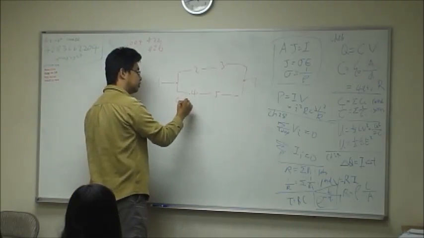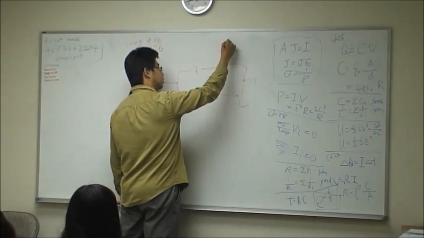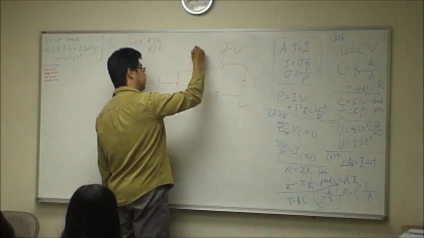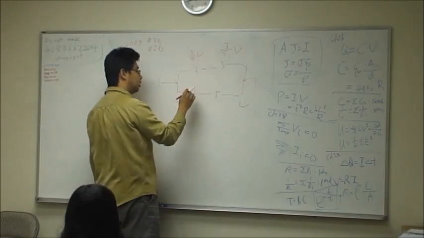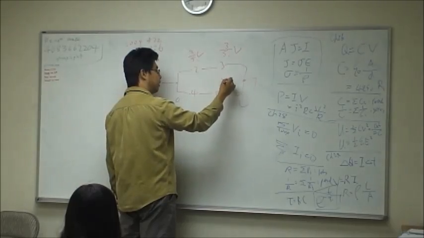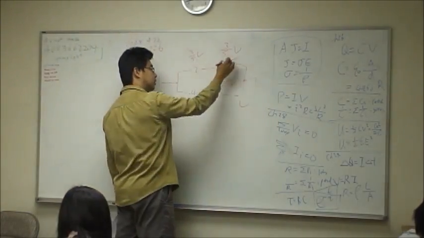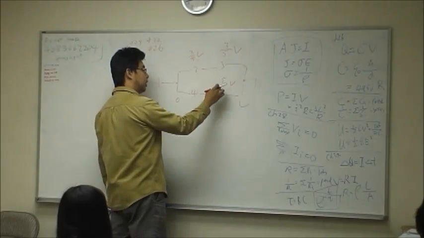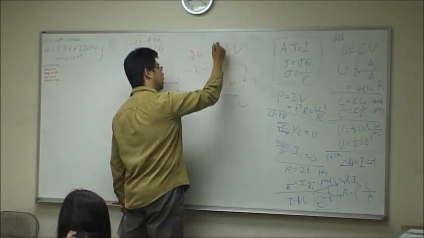If I assume here is 0 and here is V, the voltage here will be 5 over 3 V, 5 over 2 V. So definitely this is larger, right? So this one I don't care. Compare these two, this one is larger. This one is what? 9, 5 V, right? Which one is larger? You multiply 27, 25, so this one is larger, right?